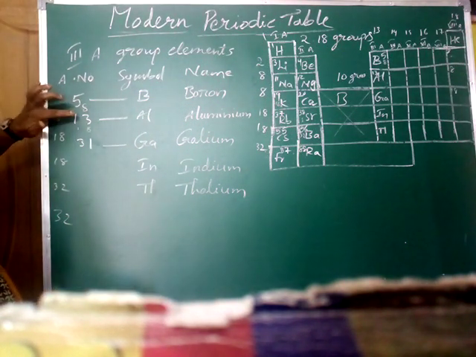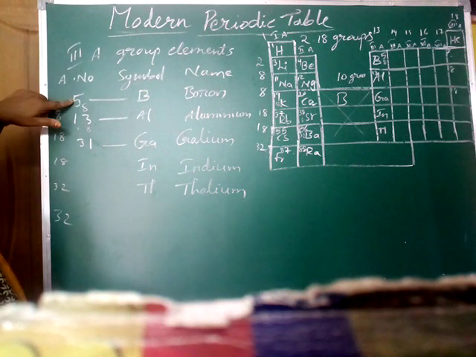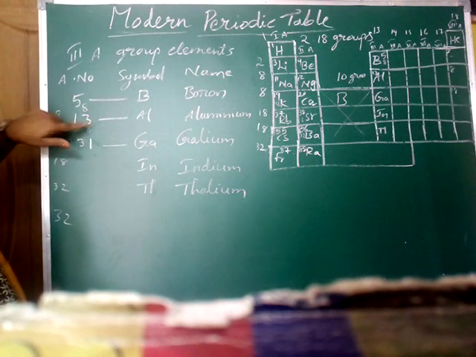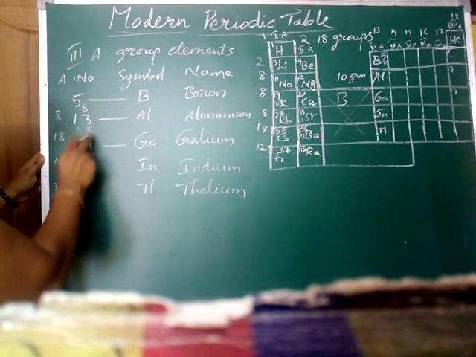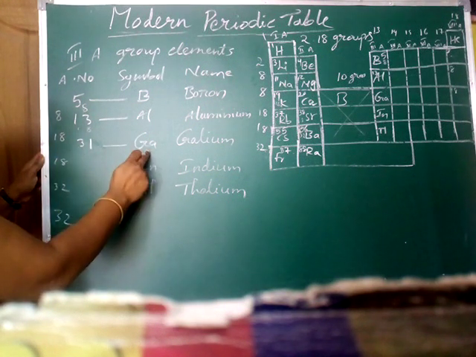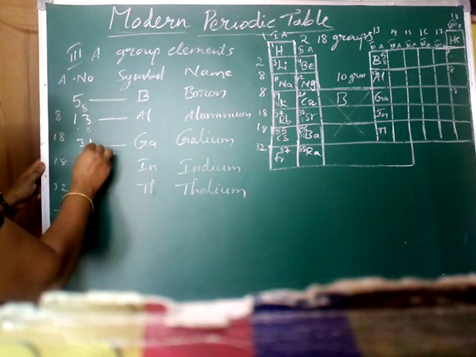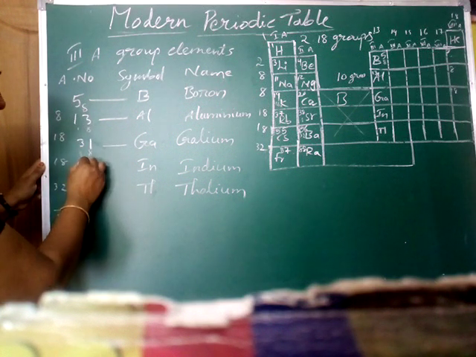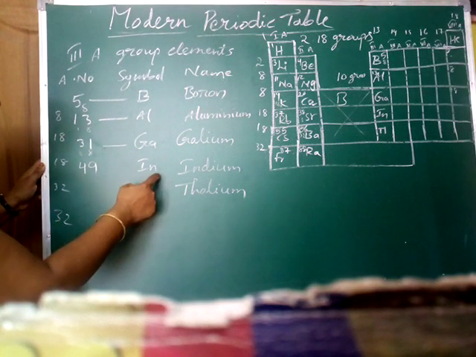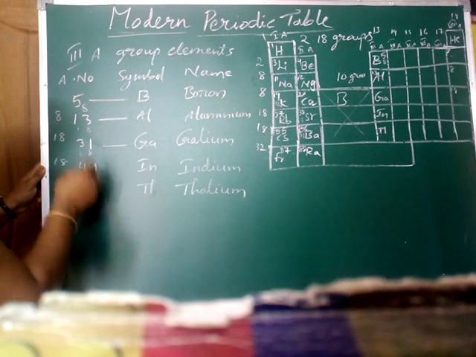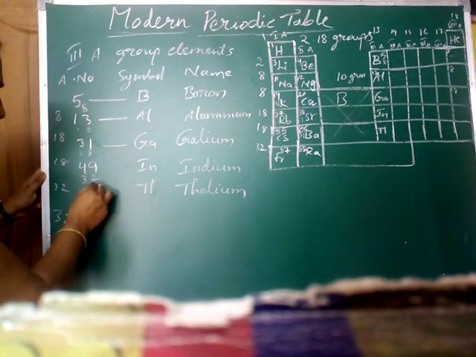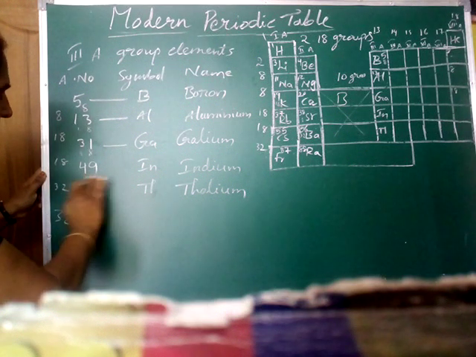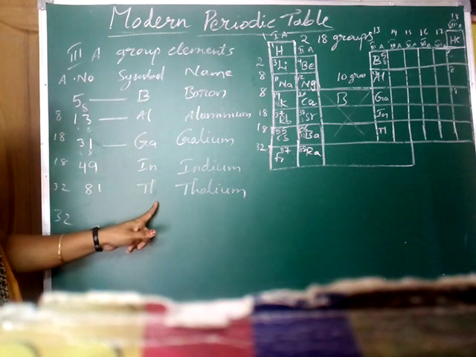That's why when you add 8 to the boron atomic number, you will get 13, the atomic number of aluminium. If you add 18 to this one, 31 is the gallium atomic number. Then after that only 18 has to be added, we will get 49, the indium atomic number. Then after that we have to add 32, then we will get 81, the atomic number of thallium.